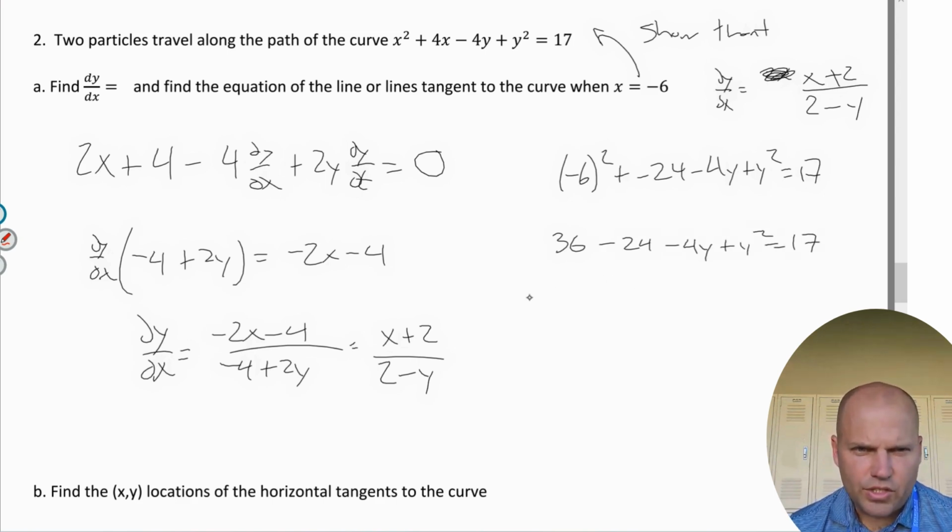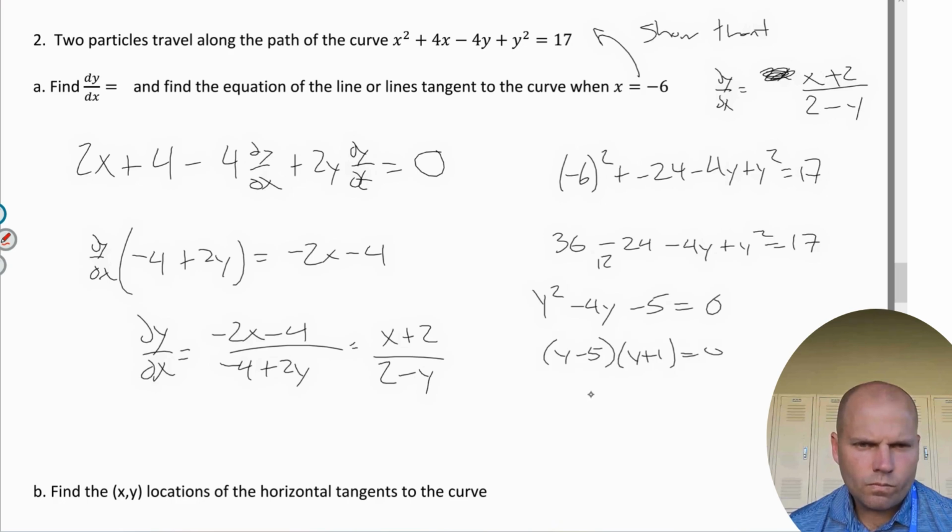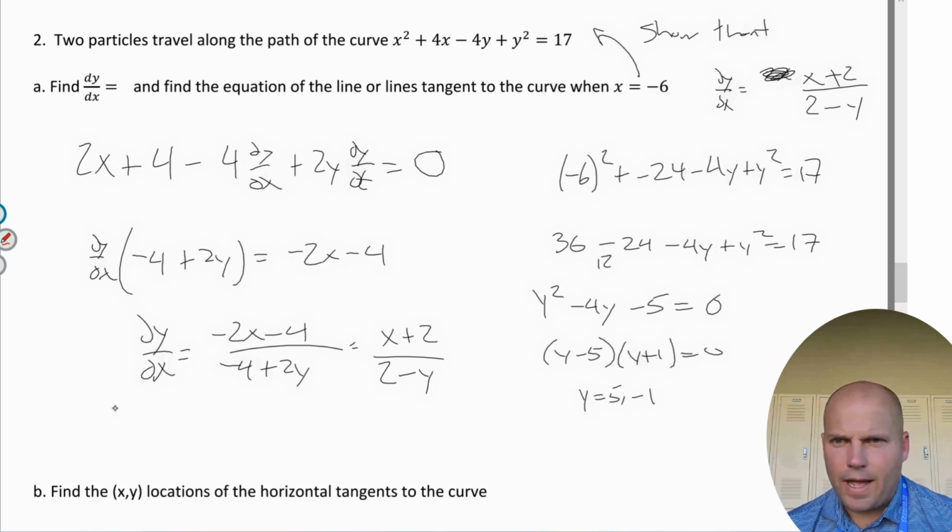Gonna move everything onto one side. This is 12. 12 minus 17 is minus 5. So now I have the points negative 6, 5.